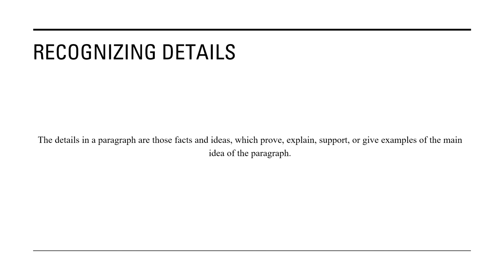The details in a paragraph are those facts and ideas which prove, explain, support, or give examples of the main idea of the paragraph. Once the topic and main idea have been identified, recognizing the supporting details is a relatively simple matter. The more difficult job is the selection of a few key or most important details which clearly support the main idea.